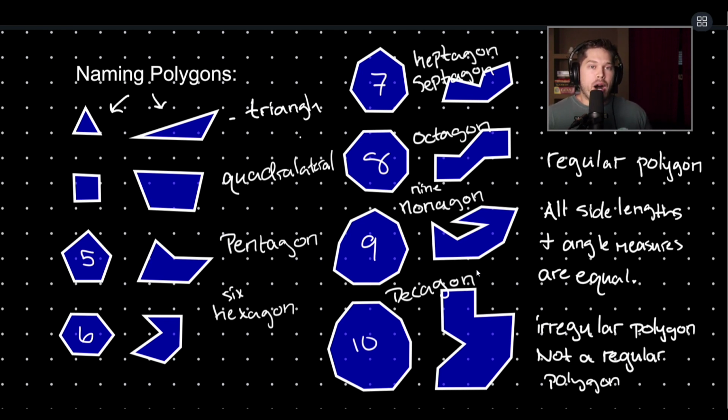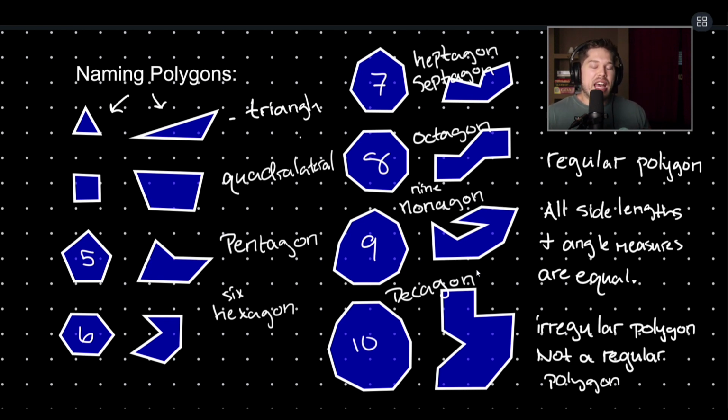So a polygon can have, of course, more than 10 sides, but here are the specific names for the polygons with 3 through 10 sides. If we have an even bigger polygon, like let's say we have a polygon with 15 sides, what's the name for that?